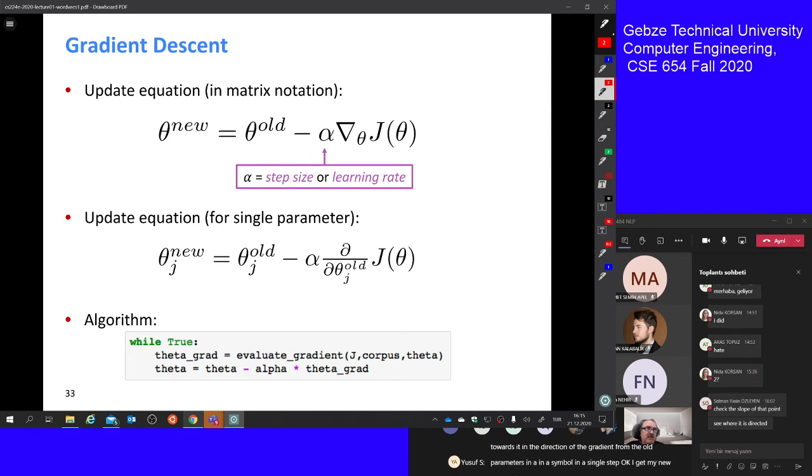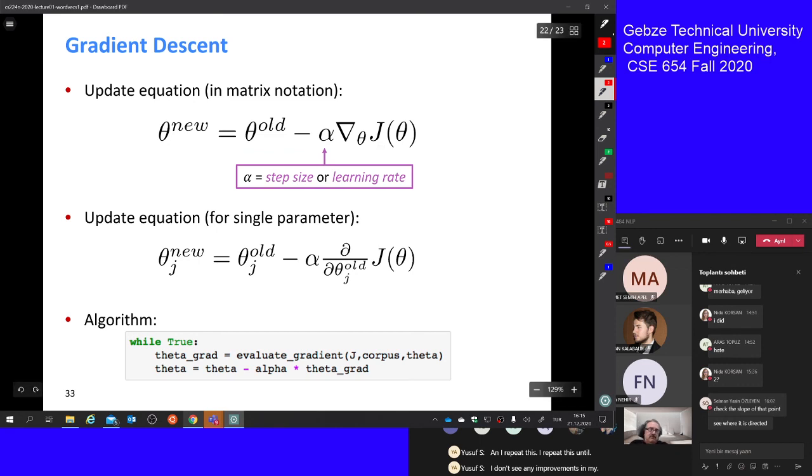I do my calculations and I repeat this until I don't see any improvements in my J value. So I improve my results little by little. After a few hours, I will get my parameters, and that will make my vectors.